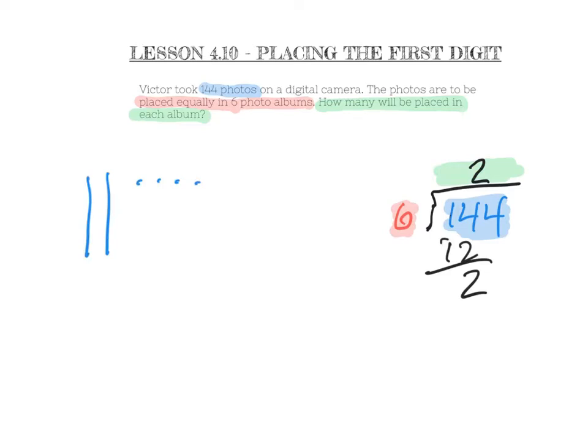Can I group the 10s equally among 6 groups? No, so I'm going to have to break those apart, which means I just regroup. So let's take those 10s away, and then I just make 20, right? And then we just draw 20, right? 1, 2, maybe in the correct color.